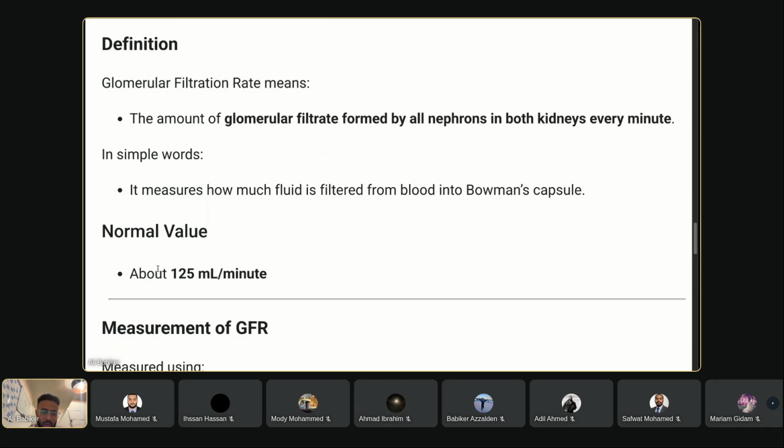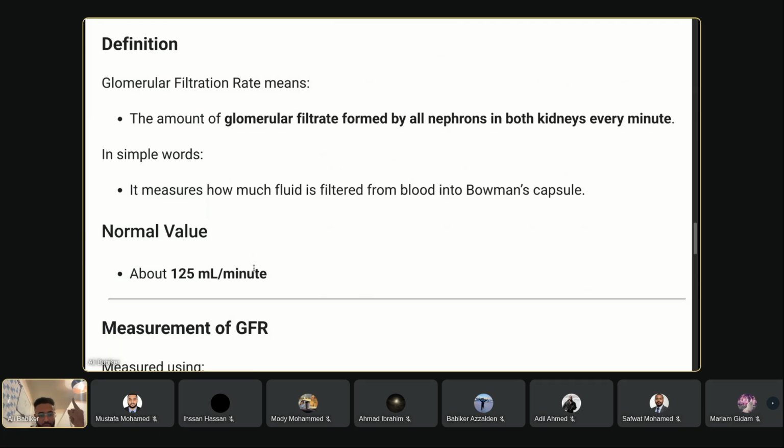Normal value is about 125 ml per minute. So think about it: you have 1.2 liters of blood coming to the kidney every minute. The amount of fluid that will be filtered is 125 ml per minute.